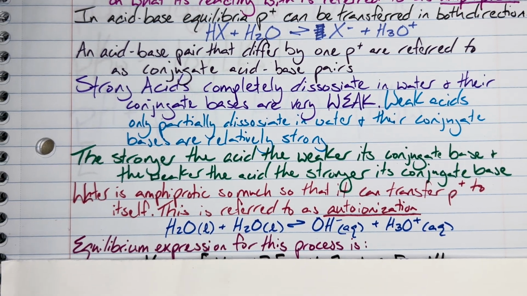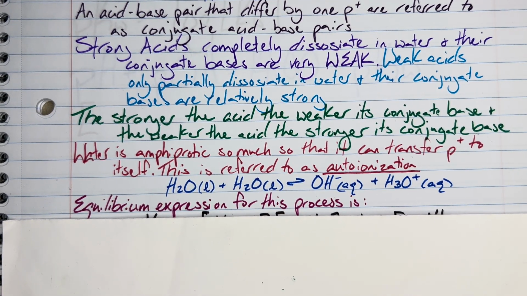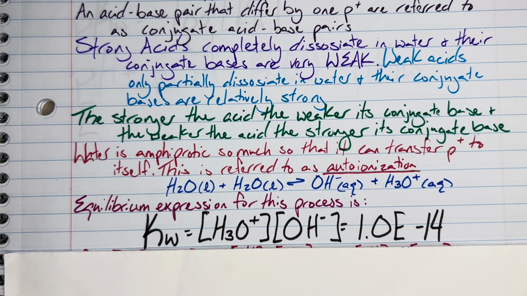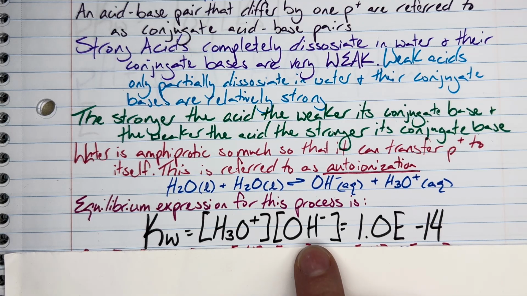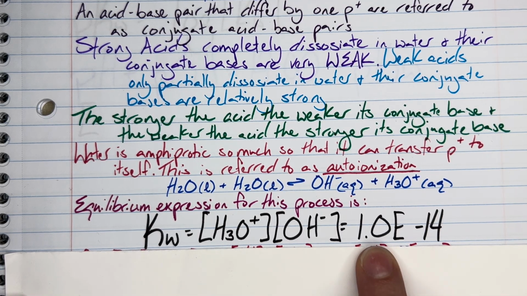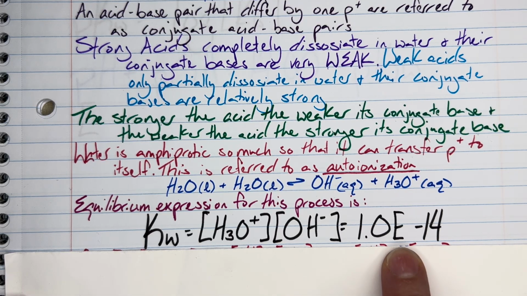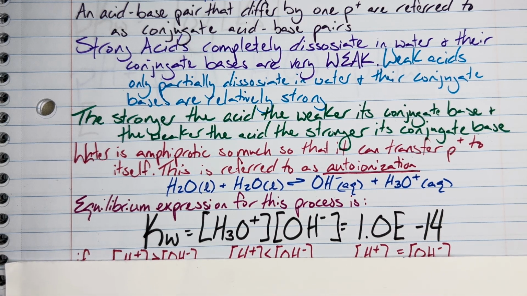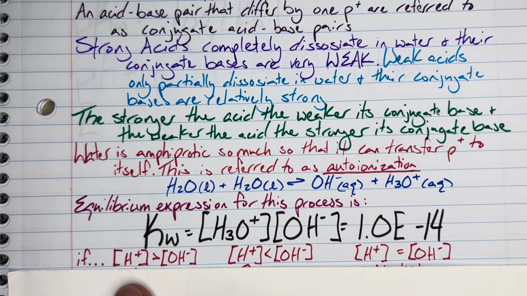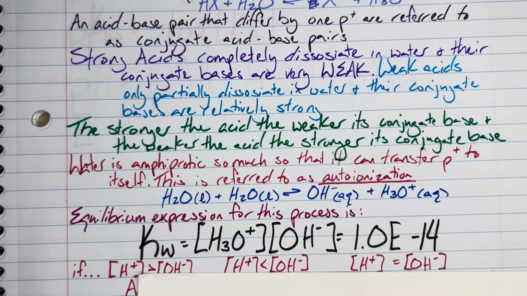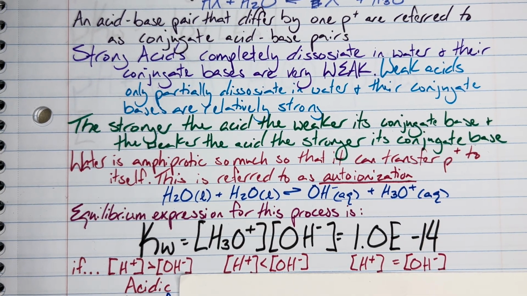And the equilibrium expression for this process is this. So it's Kw, and then it's the concentration of the hydronium multiplied by the concentration of the hydroxide, and that value is equal to 1 times 10 to the negative 14th. And if we have a concentration of hydrogen that's larger than our concentration of hydroxide, then we will be acidic.